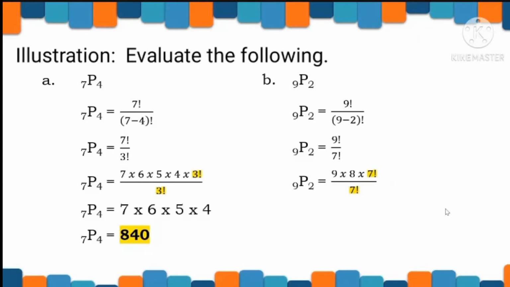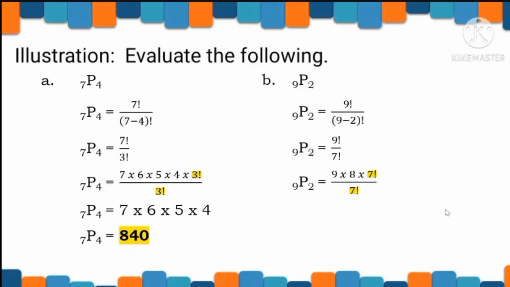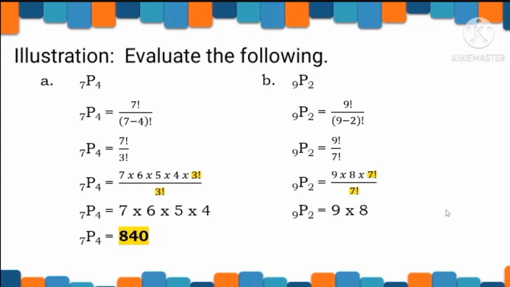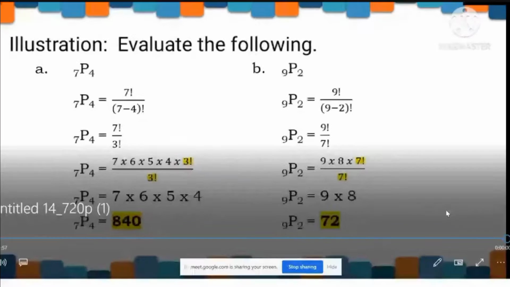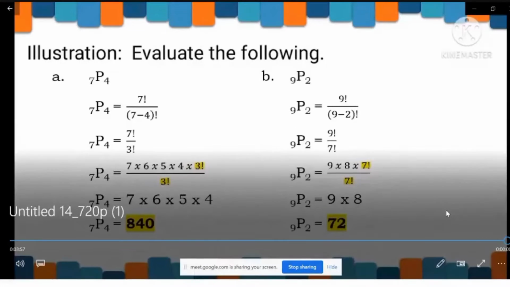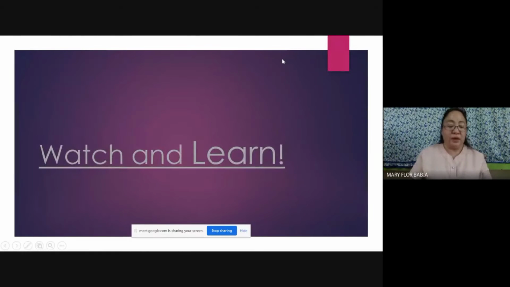We observe again that the 7 factorial in the numerator and the 7 factorial in the denominator can be cancelled. Therefore, you will have 9 times 8, which is equal to 72. Okay.